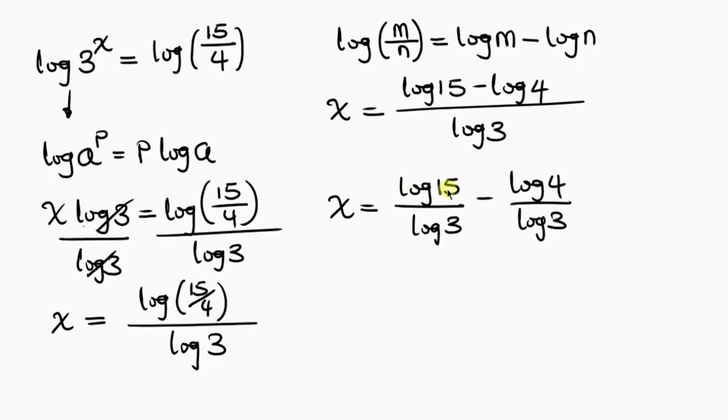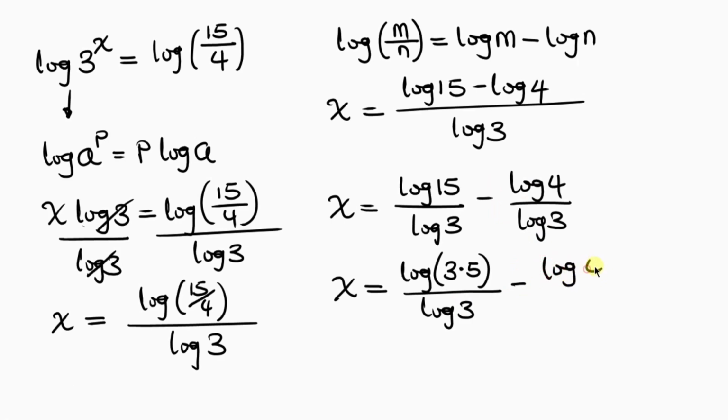Now we need to simplify this further. So we have x to be equal to the log of 15 when broken down gives 3 times 5 all over the denominator log 3 minus, this is log 4 divided by the denominator log 3. Now let's apply the law of logarithm here.